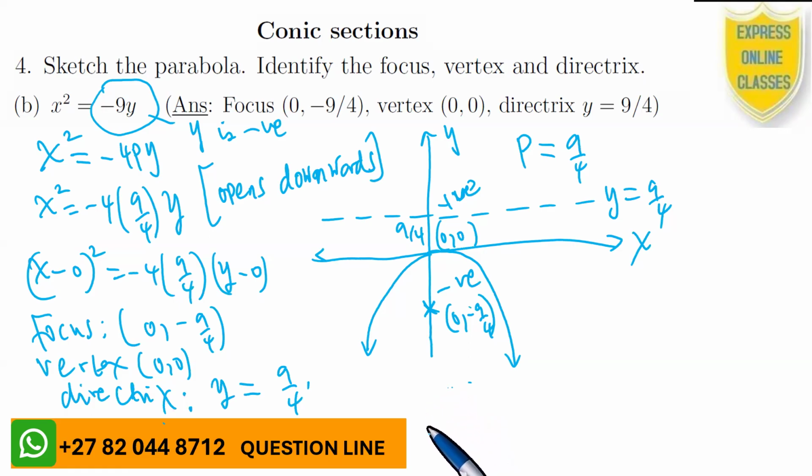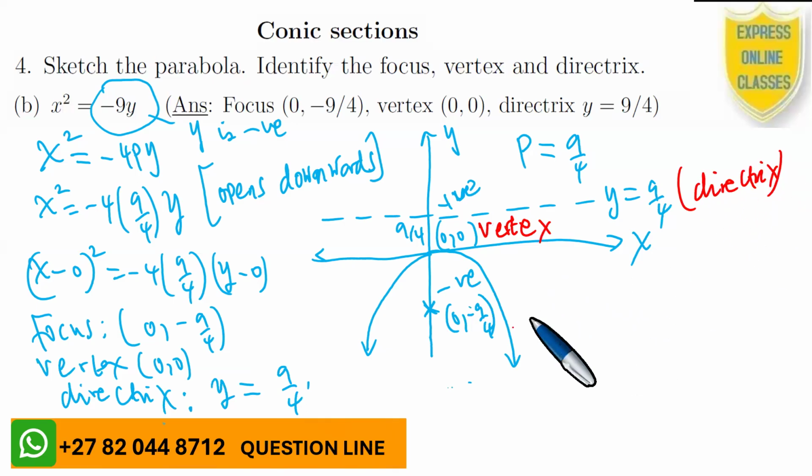Right, so we move on to the next question. It is our hope, therefore, that this is very clear, and we're able to understand everything about this particular question, so that you're able to see the vertex, we're able to see the directrix, and we're able to see our focus as well.